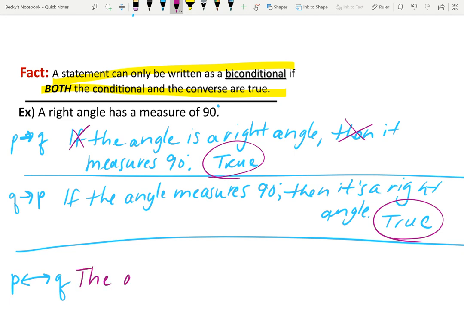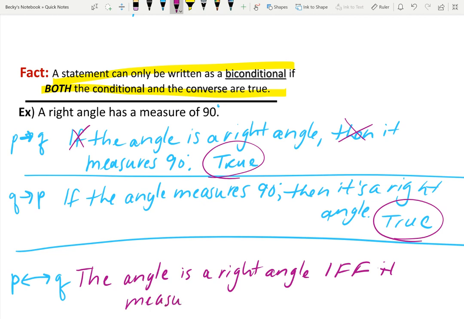Okay, so my biconditional is: the angle is a right angle if and only if it measures 90 degrees. And again, that's your indication. As soon as you see this, it's true. It doesn't matter if you read it frontwards or backwards.